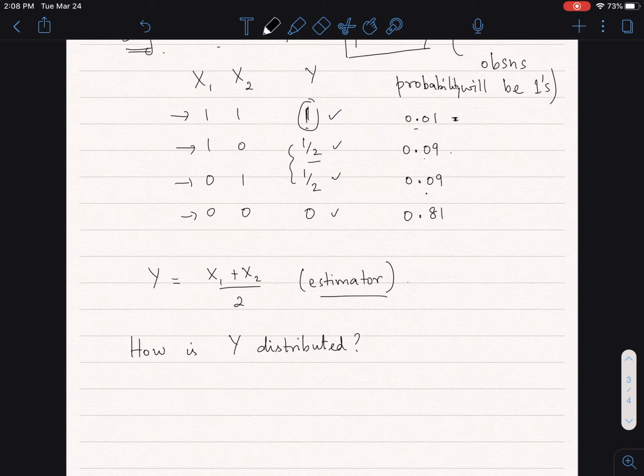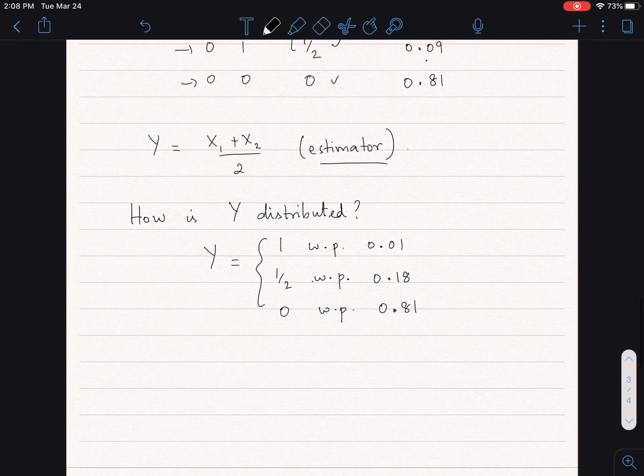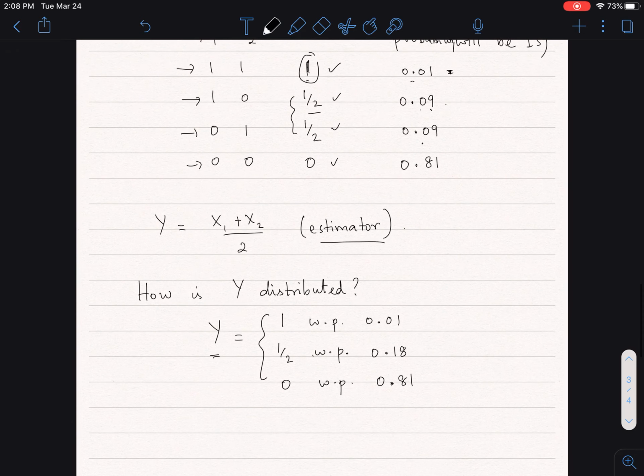So you will say that y is 1 with probability 0.01, it is half with probability 0.18, and it's 0 with probability 0.81. And like I observed before, y is actually never equal to 0.1, which is the true value of p. But if we follow this estimator, you're going to get one of these values.